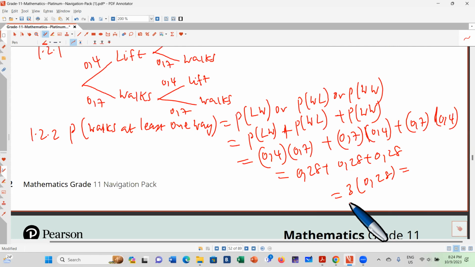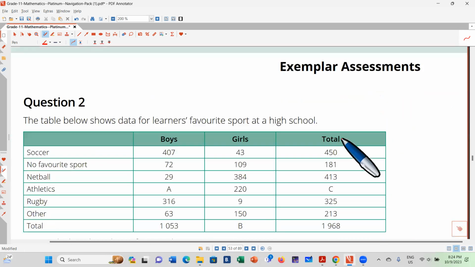Let's just do the brief calculation here with a calculator. It is 0.84, which is the probability that he walks at least one way. Next question.